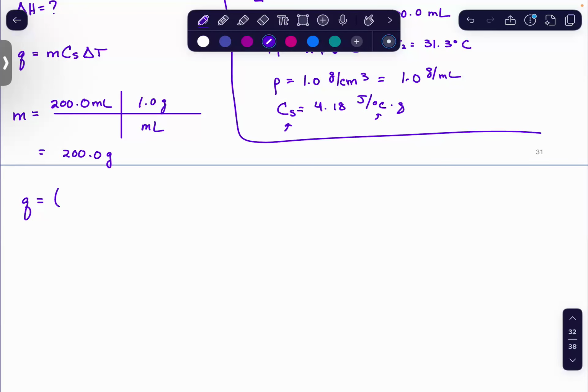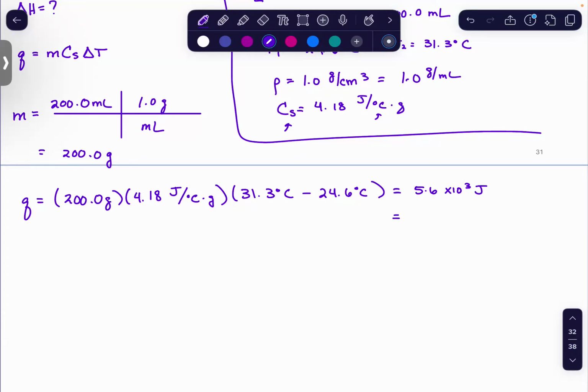So for your environment, 200 grams, 4.18 joules per degree Celsius times grams, and then our final temperature is 31.3 degrees C minus 24.6 degrees C. This is going to give us a Q of 5.6 times 10 to the third joules, or 5.6 kilojoules. So Q is positive.